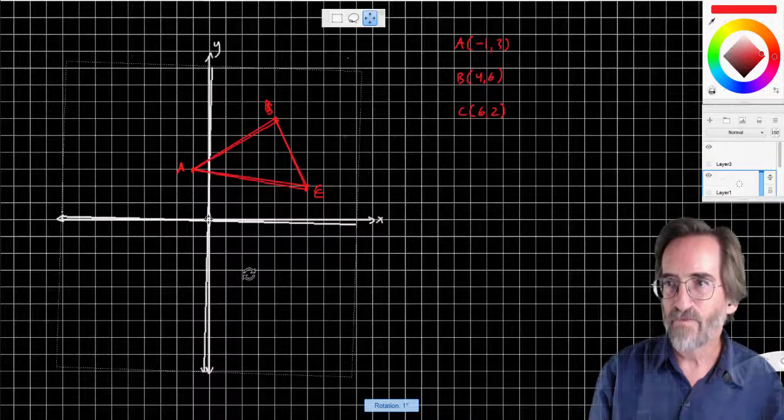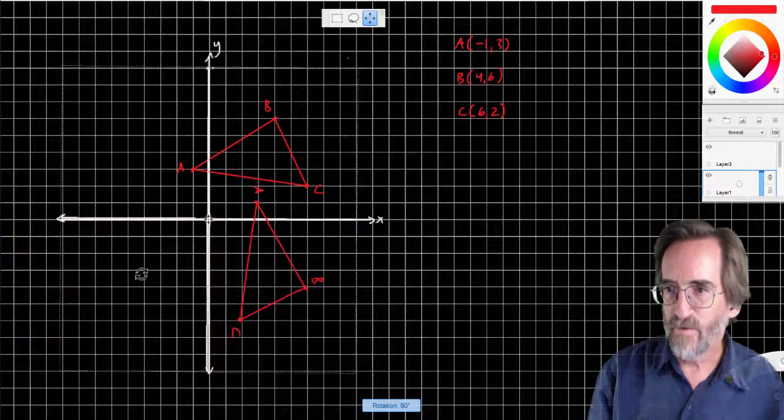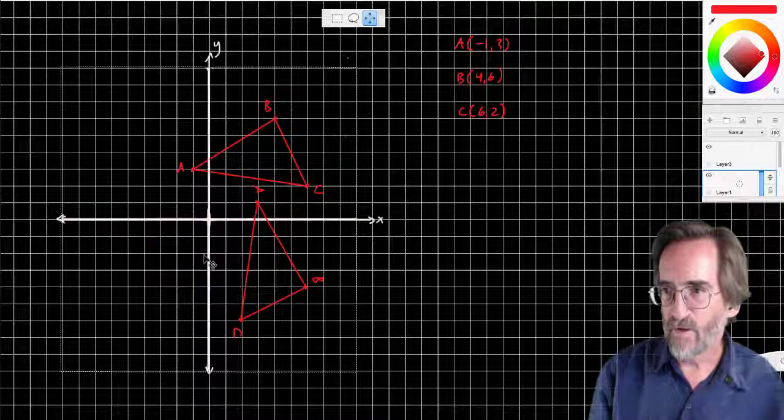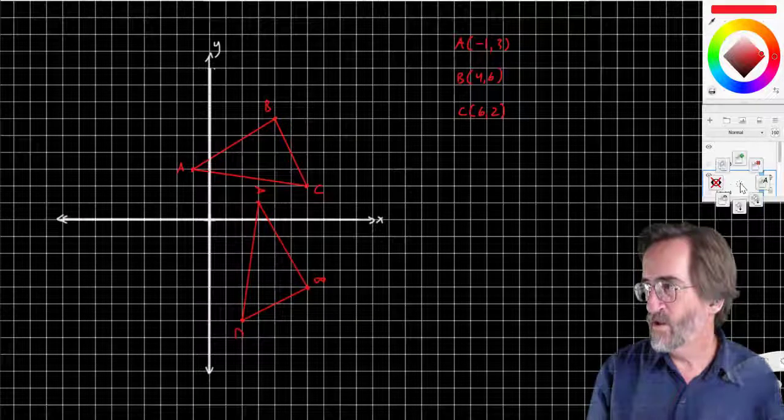Okay, so now I should be able to, there we go, grab it and spin it. Okay, so that almost worked perfectly. I'm going to readjust here. So that's a rotation, if you will, of 90 degrees.